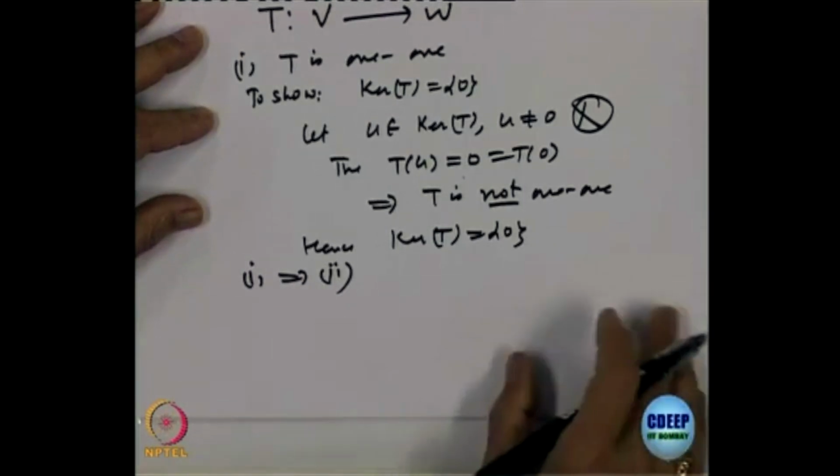Let us now show 2 implies 3. Let the kernel of T be equal to 0.